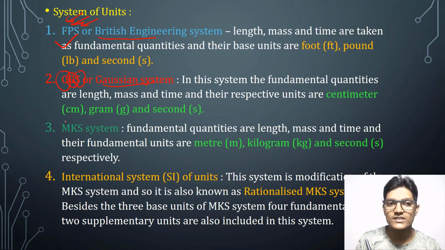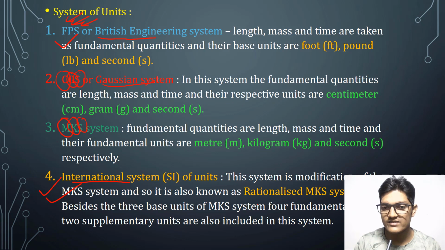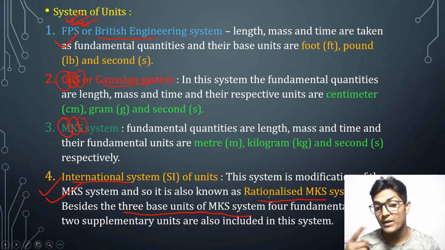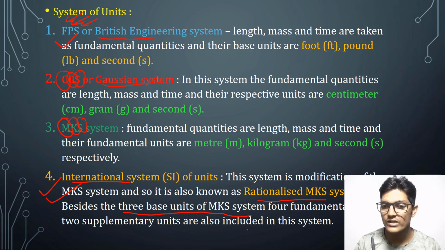In MKS, it is meter, kilogram and second. And we have the fourth one, which is the International System of Units, which is the modification of MKS system, and which is also known as rationalized MKS system. Besides the three base units of MKS system, four fundamental and two supplementary units are also included in this International System of Units.